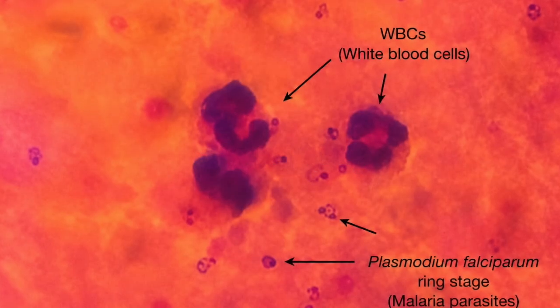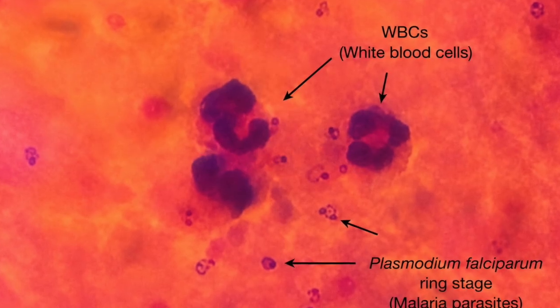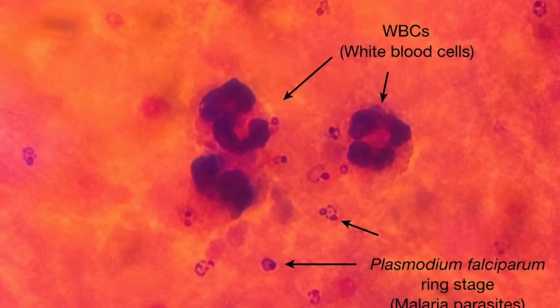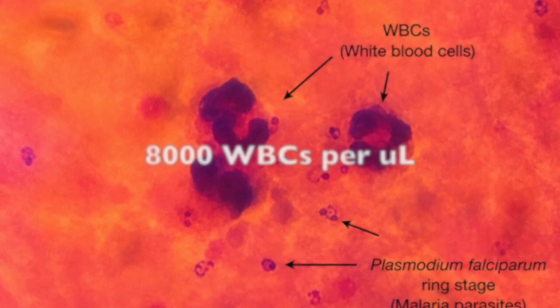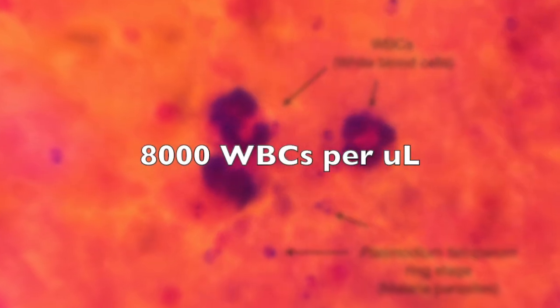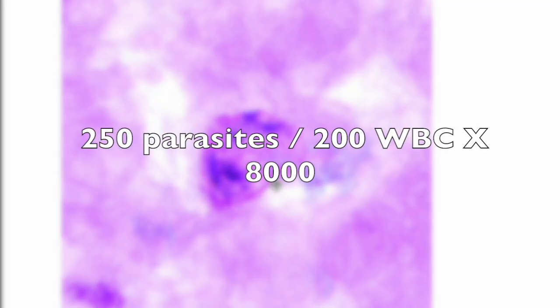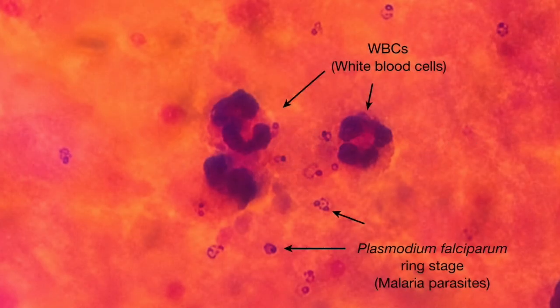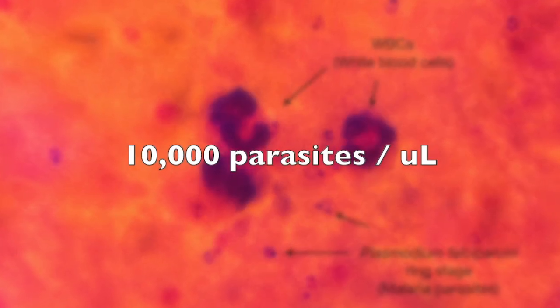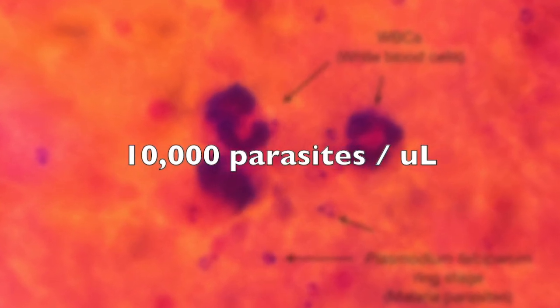If you don't have the patient's actual white cell count, then by convention, you can assume that there are 8,000 white blood cells per microliter of blood. So for example, if you counted 250 parasites among 200 white blood cells, then it's 250 parasites divided by 200 white blood cells, multiplied by 8,000, and that results in 10,000 parasites per microliter.